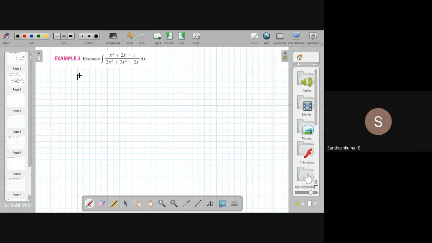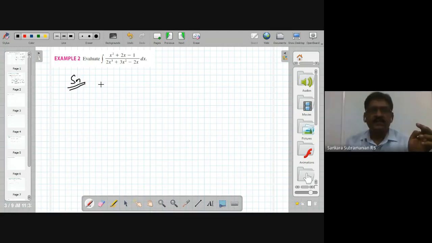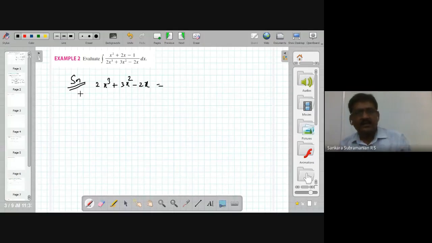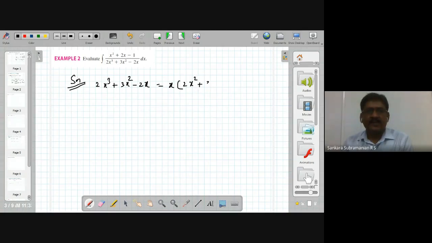How to factorize this? This is 2x cube plus 3x square minus 2x. I can find x is common in all the terms. So let us take that x first, so that it becomes 2x square plus 3x minus 2.